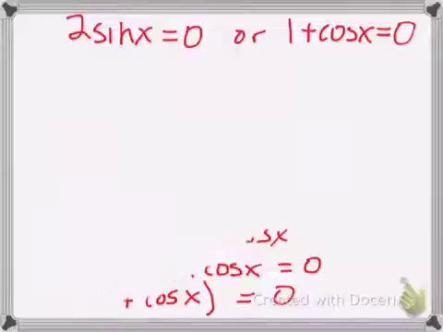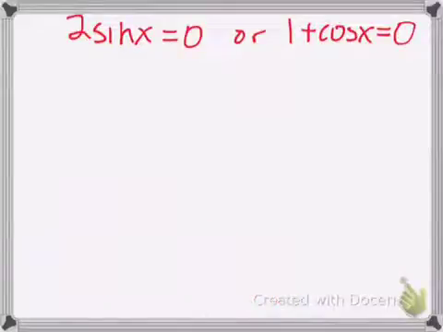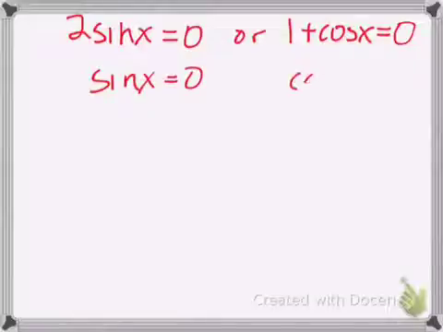We have to remember that x is any angle in the real numbers. So I need to finish solving over here. I would get sine x equals 0 for this, and here I get cosine x equals negative 1.